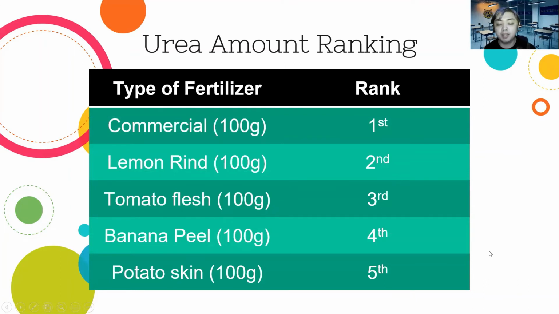We determine the amount of urea present in every 100 grams, and we found out that commercial fertilizer ranks first. It has the most amount of urea. Lemon rind is second, tomato flesh is third, banana peel is fourth, and then potato skin is fifth.